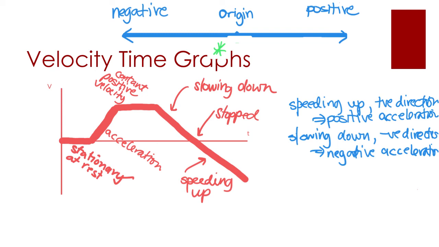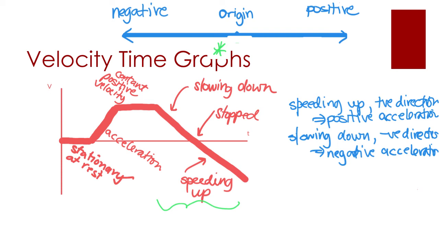One thing to point out is that this part here is actually the diagram you get when you throw something up into the air. When you release it from your hand, you know that it's traveling at a certain speed. And as it goes up to the top, at the very top, it stops. Remember, it's working against gravity.